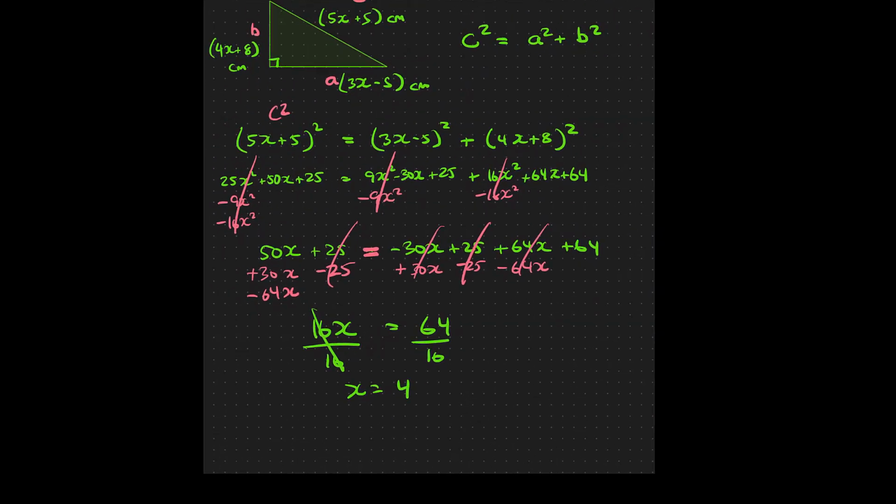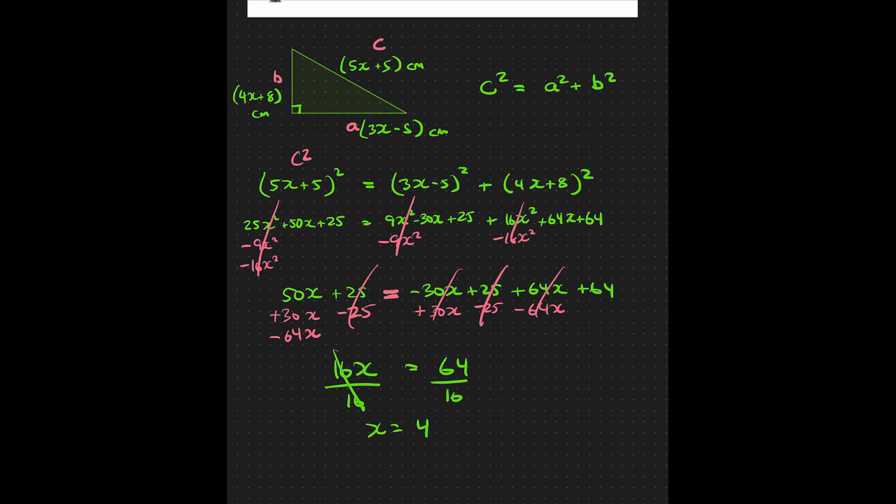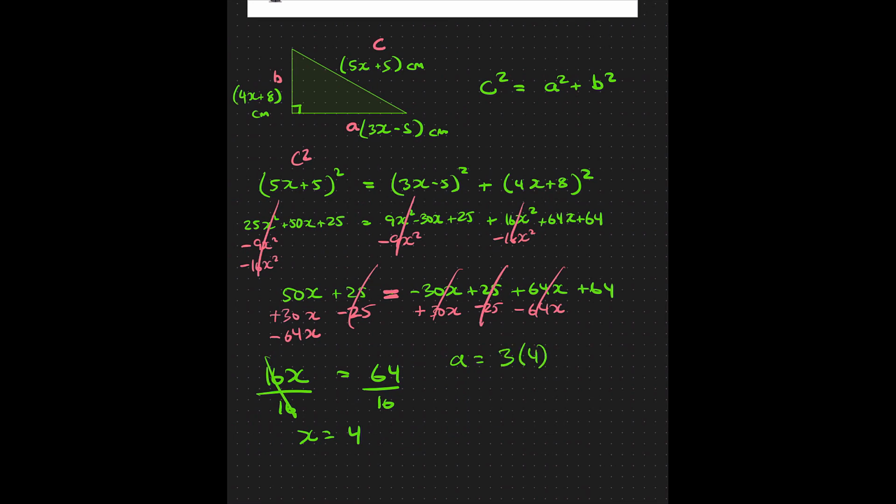Okay, now that I know the value of x, all I need to do is substitute those into the sides. So for side A, we had 3x minus 5, which is 3 times x, which is 4, minus 5, which equals 12 minus 5, which equals 7.